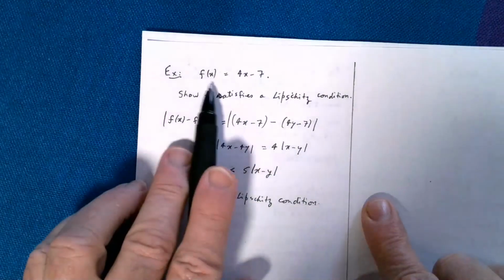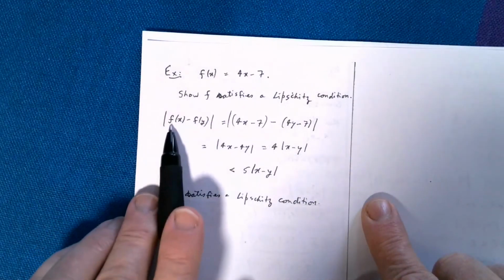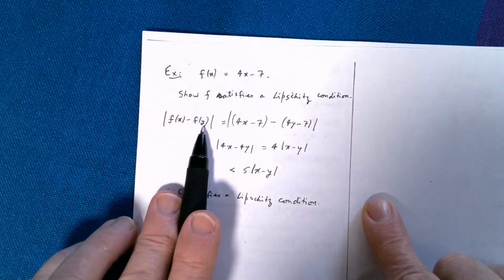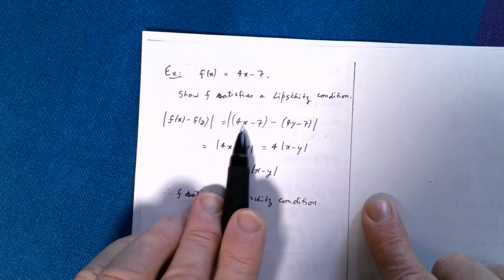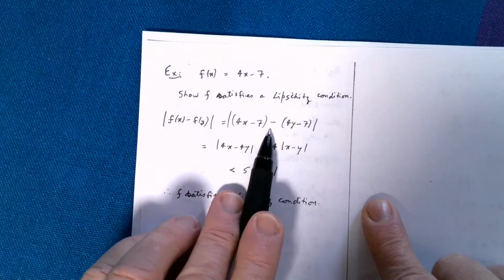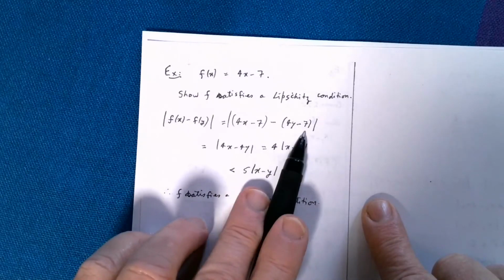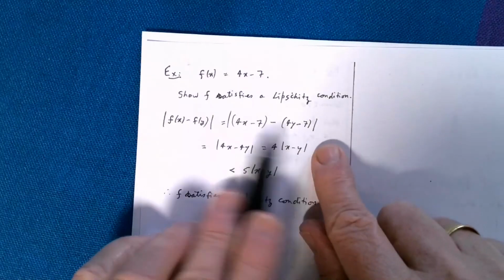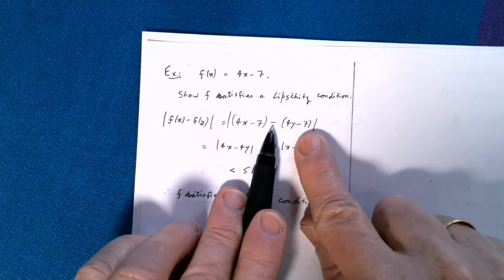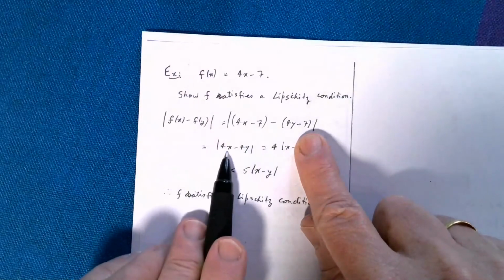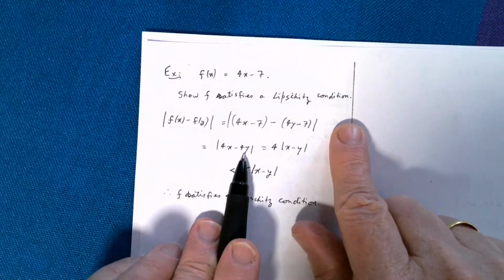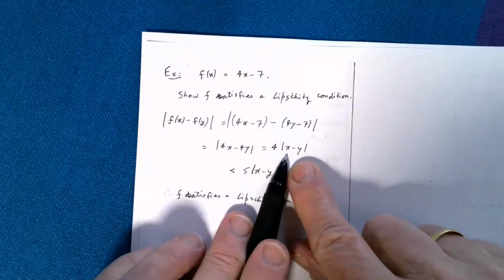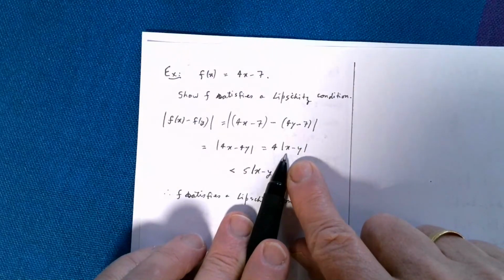So we do what the definition says. We look at f of x minus f of y. So I plug it in, I get 4x minus 7 minus (4y minus 7). Now the minus 7 plus 7 cancels out, so I just get 4x minus 4y. And I can pull the 4 out of that, so I get 4 times the absolute value of x minus y.